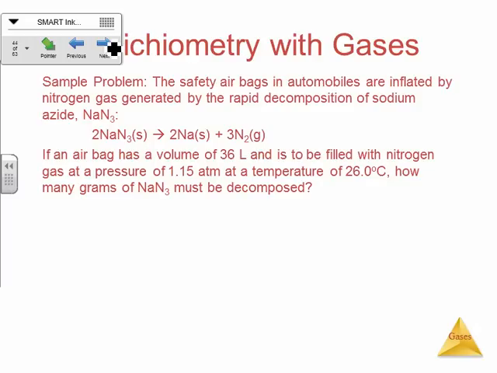So we know the airbag needs to have a volume of 36 liters, okay? And we know the pressure needs to be about 1.15 atmospheres, and we know what our temperature is going to be. So we need to figure out how many grams of the NaN3 we need to use in order to make all of that happen, okay? So we've got a volume, we've got a pressure, we've got a temperature, and they're asking us for grams, okay?